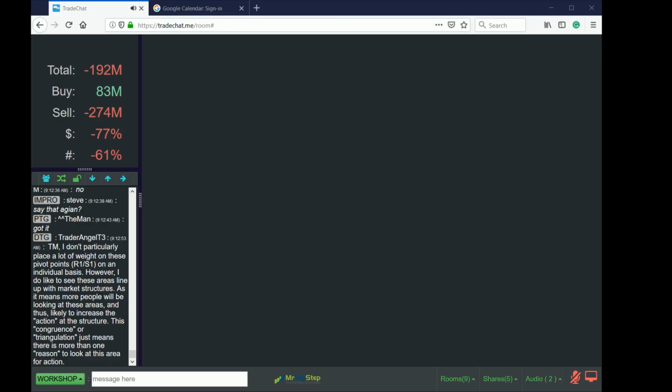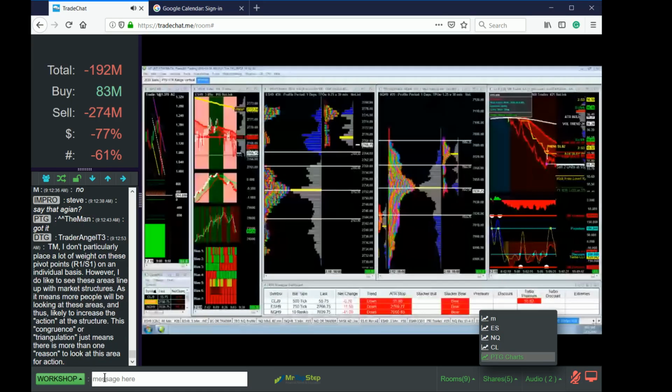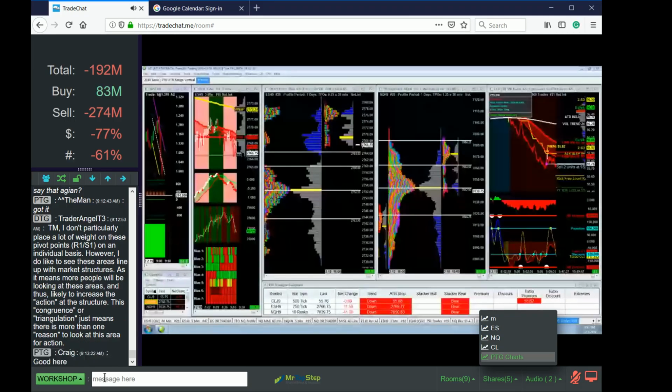F5, if you need to refresh the screens, F5, Foxtrot 5, and then the right arrow, and then select the charts for those that are having difficulty. All right, charts should be back.